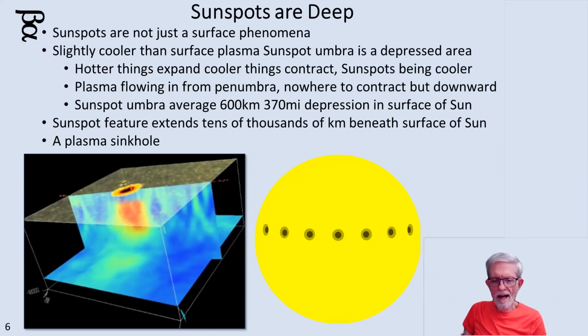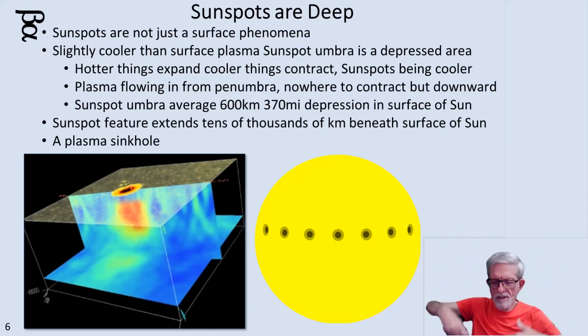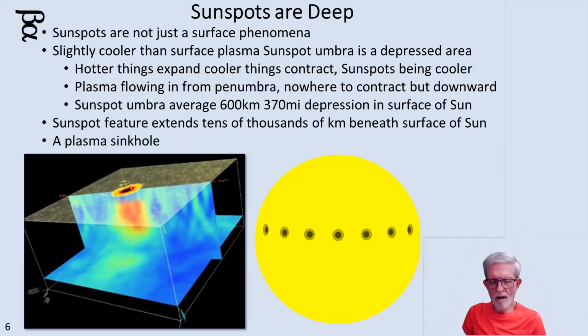And that allowed them to understand that the magnetic field lines that are bunched up are actually stronger towards the center, kind of like the top of an umbrella. And that pushes the sunspot down into the sun by thousands of kilometers. That's okay, the sun can take it. It's a lot larger than thousands of kilometers.